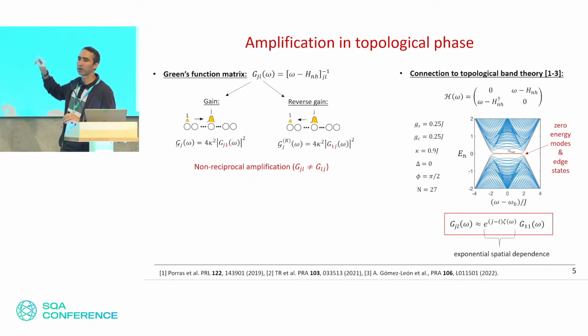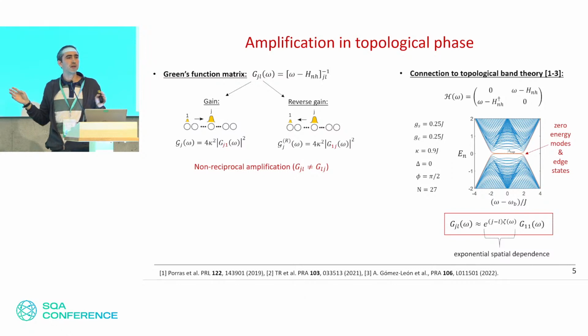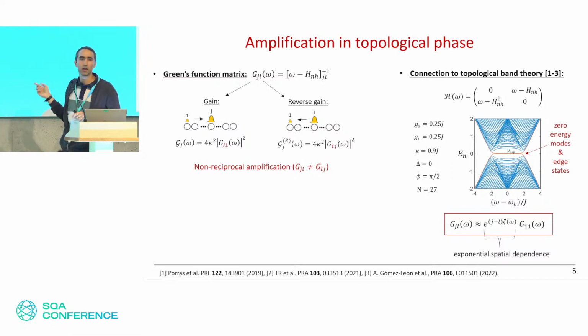And this matrix is a Hamiltonian, so we can diagonalize it and get eigenenergies and eigenvectors. Imagine this is a topological insulator Hamiltonian. For certain parameters, you can find zero energy modes. You can see here the eigenenergy as a function of frequency, and for a certain frequency bandwidth, we find zero energies. This means that there are edge states in the system.